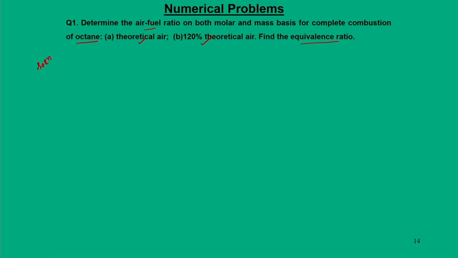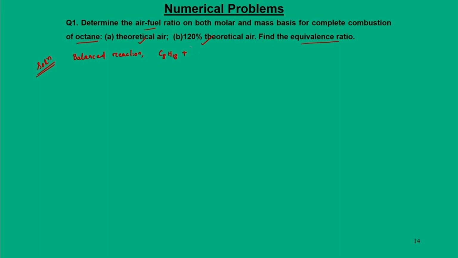When such a problem comes, first you have to write two equations. One is the balanced chemical reaction between fuel and oxidizer, the other is the unbalanced equation, meaning when we have excess air or excess fuel. So, it is an octane oxygen combustion. The balanced reaction we can write as C8H18, the fuel which is octane, and it has to mix with air.